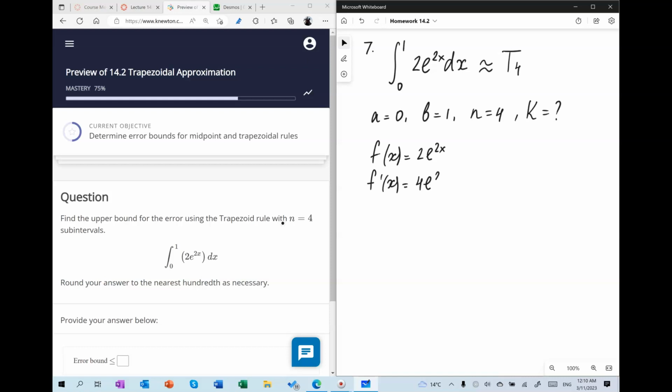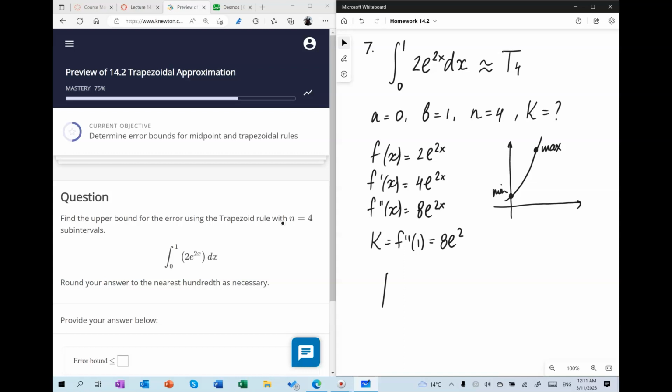So the first derivative is this. The second derivative is this. And once again, we have a monotone function that obtains its minimum on one side of the interval and its maximum on the other side. So it does make sense to set K to be equal to the output of the second derivative at 1. So it's once again 8e squared.